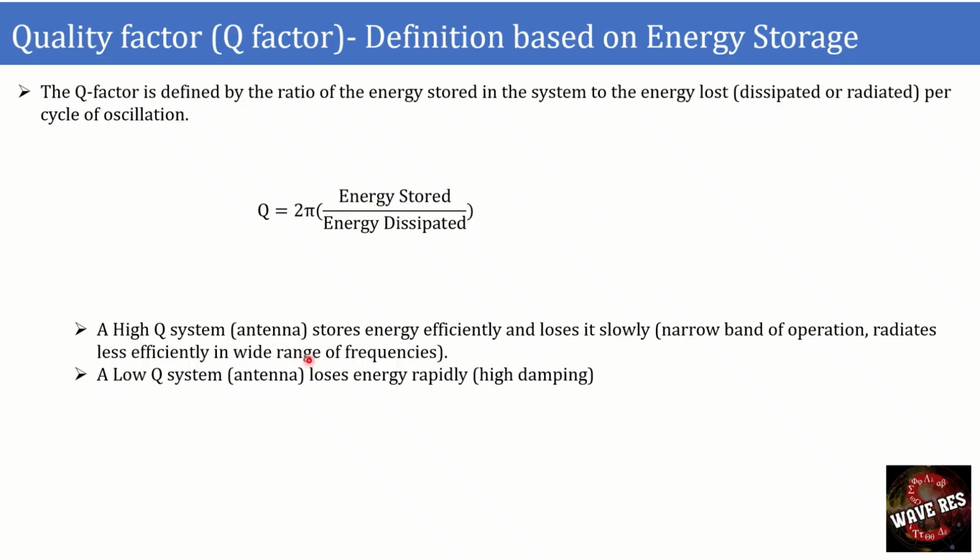So for a high Q system, the antenna operation will be narrow band and the energy will be stored efficiently at other non-resonant frequencies. For a low Q system, the antenna will have a wide band of operation, so it will be losing the energy rapidly in that entire band.